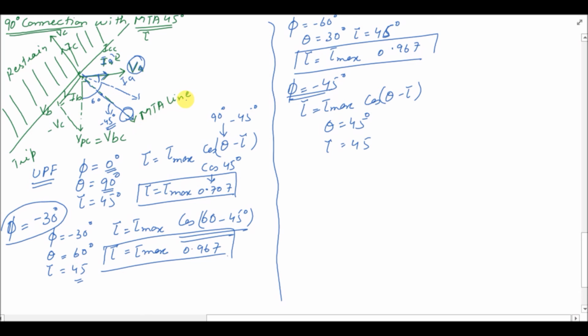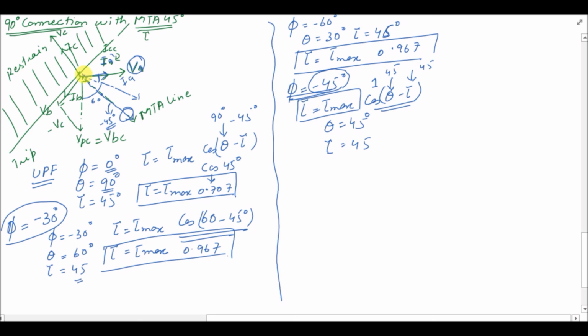So if it is over the MTA line, it means the maximum torque will be produced in the directional relay. So theta is equal to 45, tau is also equal to 45. So cos 0 will be equal to 1. So the maximum torque will be produced whenever we have phi equal to minus 45 degree, or power factor angle equal to minus 45 degree.